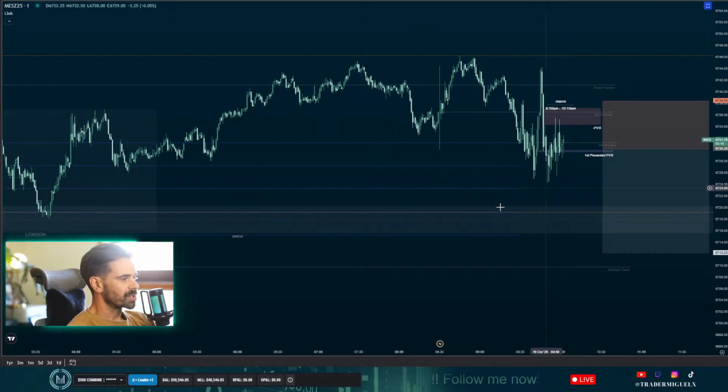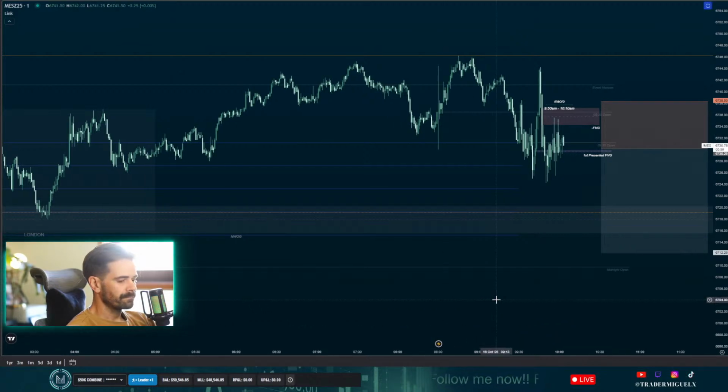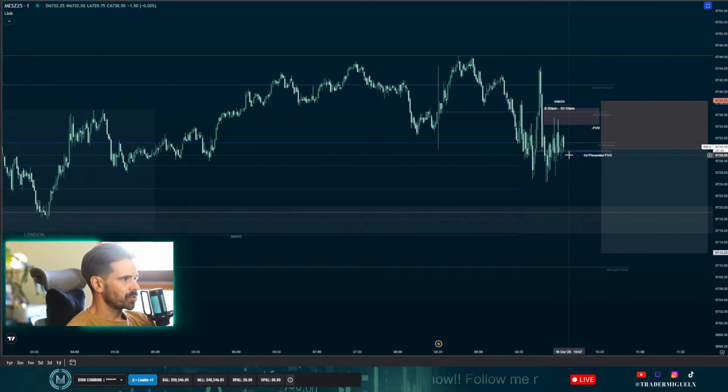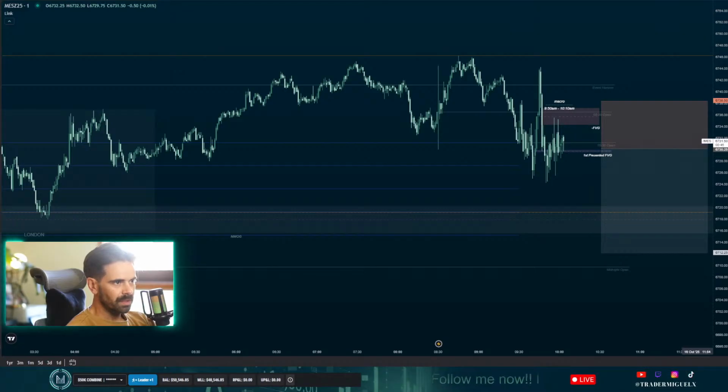It's trying to push once again to the upside here. Let's see, I will try to short as soon as we close below the first presented fair value gap.